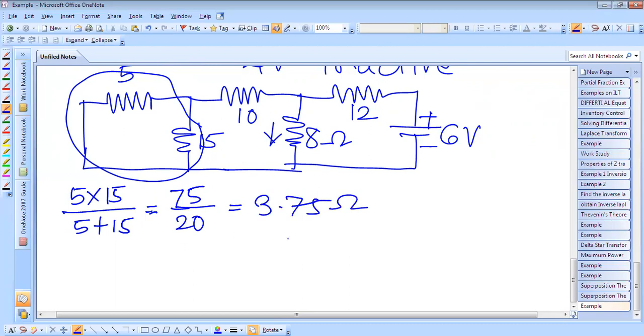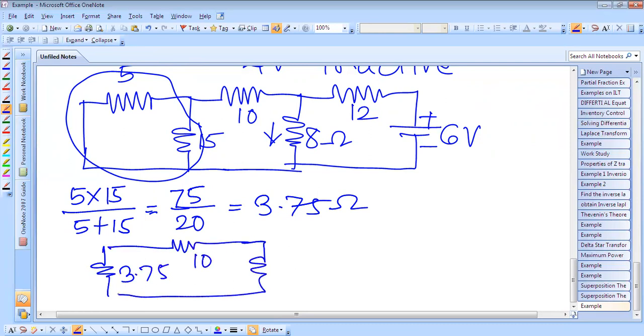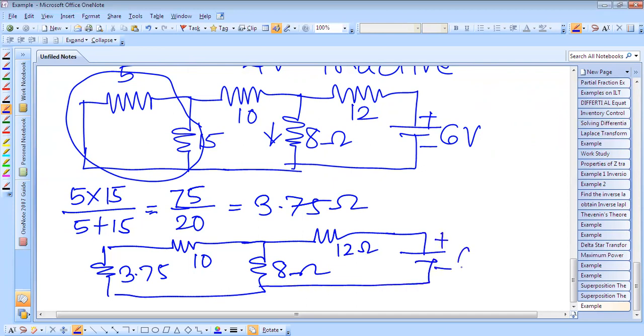Now the circuit will become like this. This 3.75 will be in addition with the 10 ohm resistor. This is the 8 ohm, this is the 12 ohm, and the circuit will now modify to this.